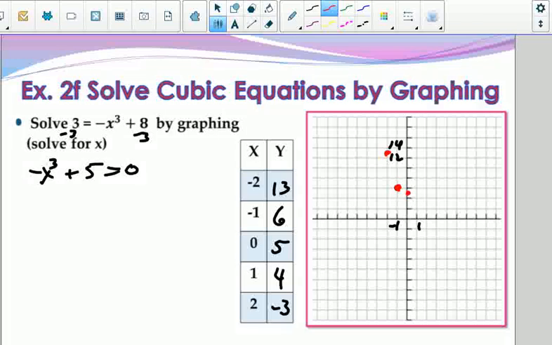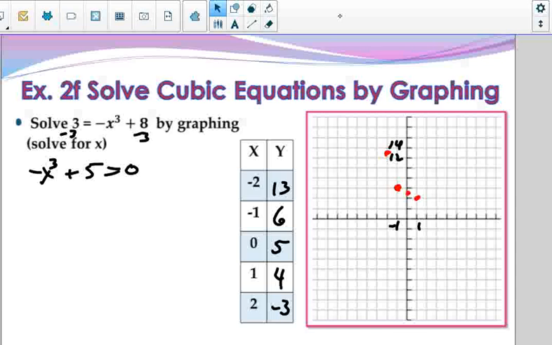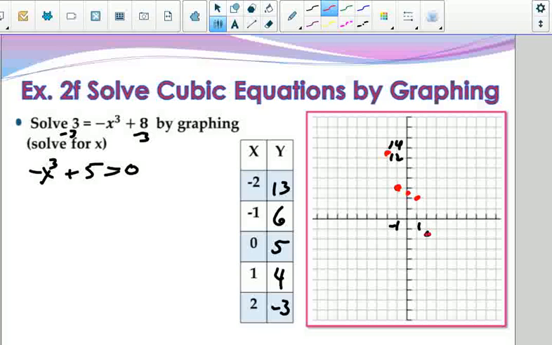And then 1, 4 would be here. Then 2, negative 3 would be right here, like that red. So now you can see my curve going down.